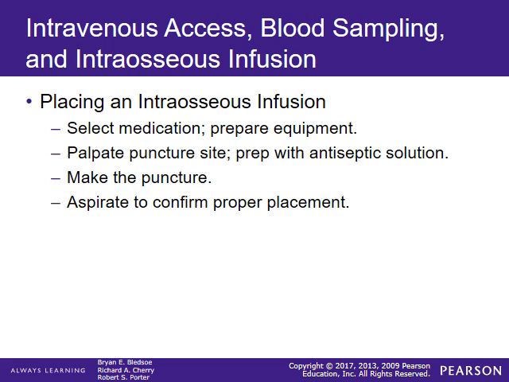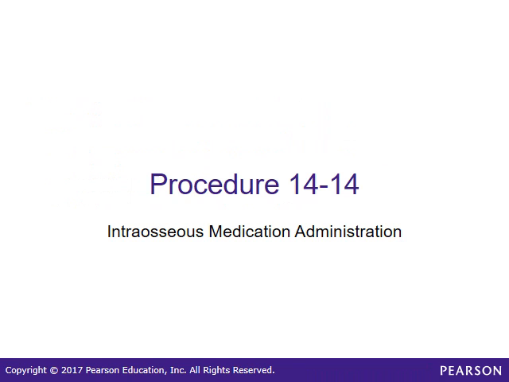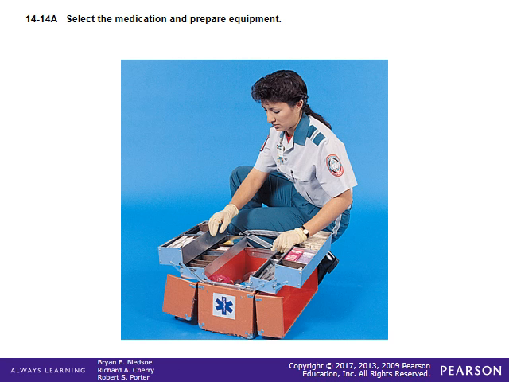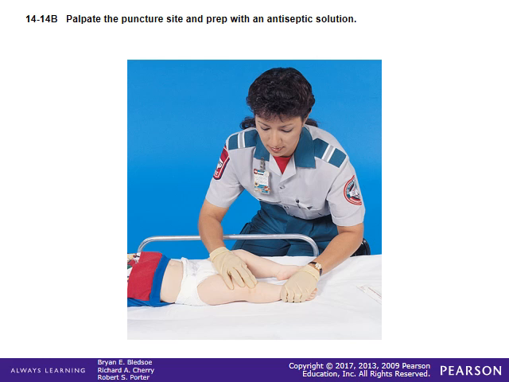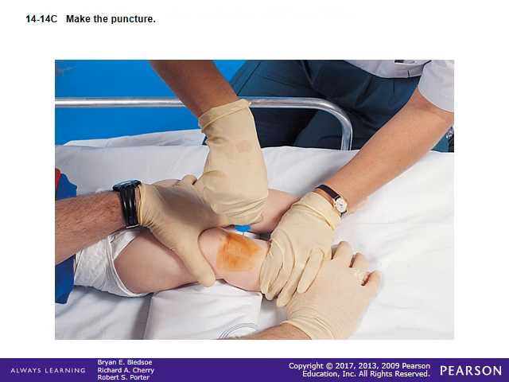Remember, the same process takes place. Select your equipment. Make sure the puncture site is aseptic, make the puncture, and aspirate to confirm proper placement. With IO injection, sometimes you'll have to flush with normal saline, push a few cc's of normal saline into the injection site, and then draw it back to see if it comes back with a pink tinge. Apply the puncture into the bone.